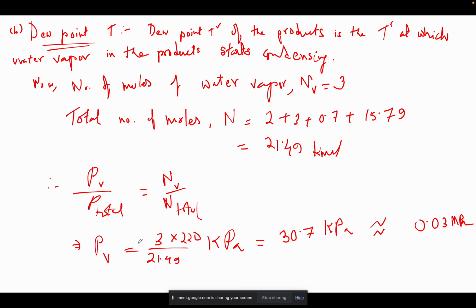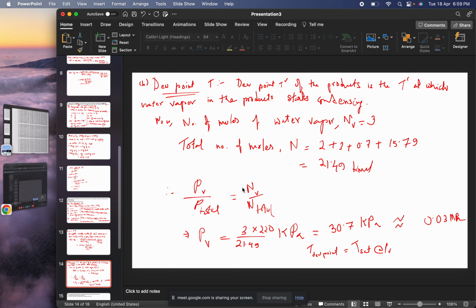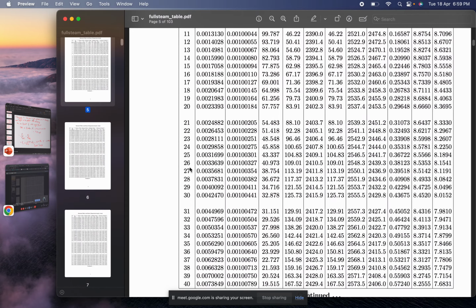Now you just have to look at T dew point. T dew point is nothing but T saturation at PV. So we will go to the steam table and find out at 0.03 megapascal what the T saturation is.